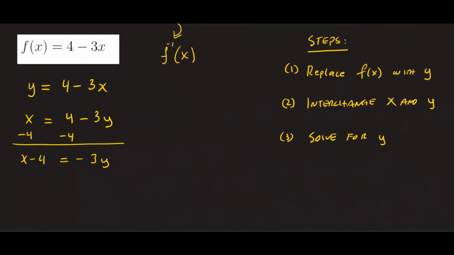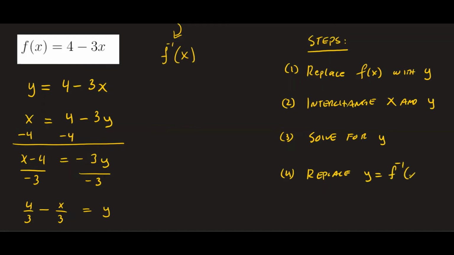And the next step is to divide by negative 3 on both sides. So that gives us 4 over 3 minus x over 3. So I just switched the order, and that is equal to y. And the last step is to replace y as f inverse of x.